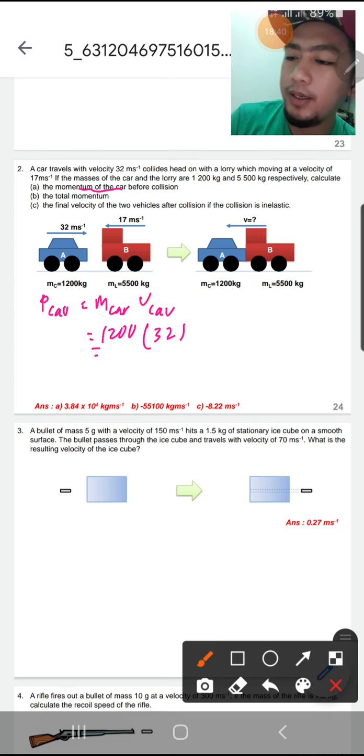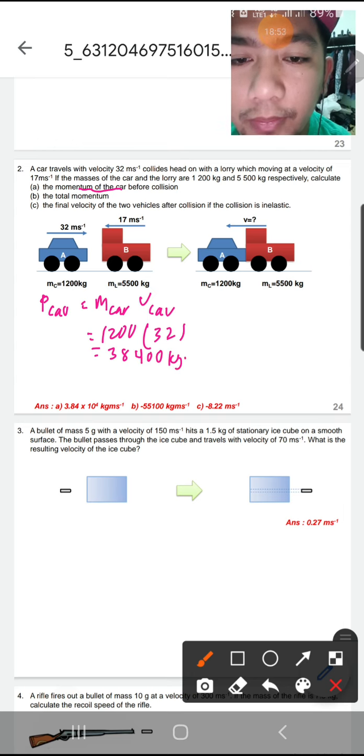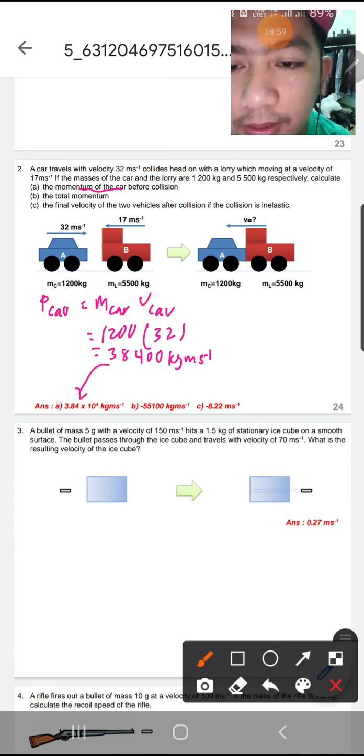So when you calculate, just press your calculator, times 32. So the answer is 38,400 kilogram meter per second. So same as the answer here.